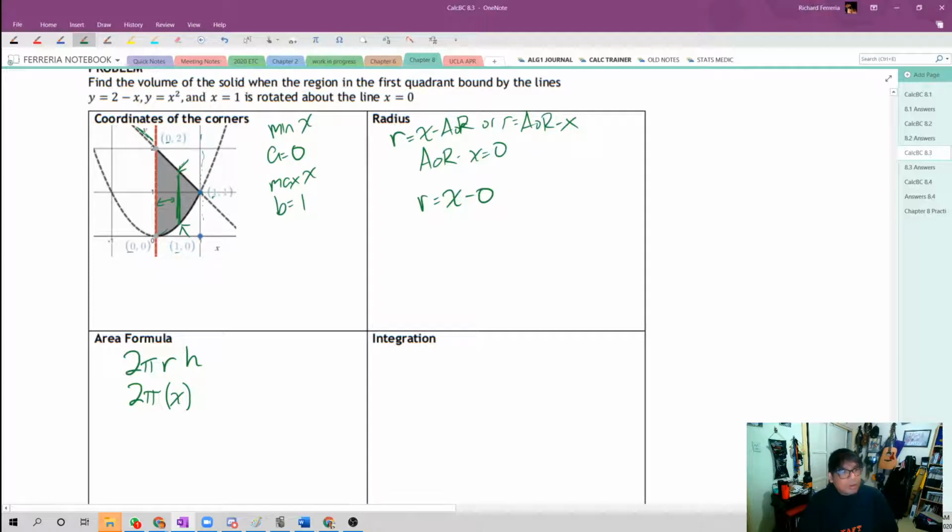So up here, the y-coordinate is 2 minus x. So we got 2 minus x. And then down here, the y-coordinate is x squared. So that's our area formula. This is F, and then this is G. So F minus G.